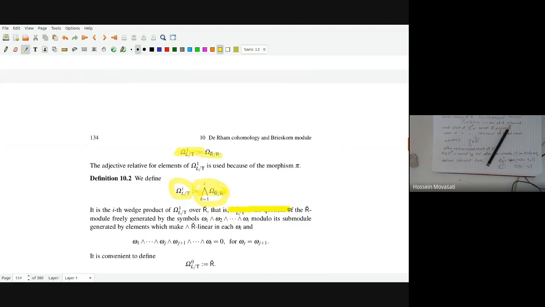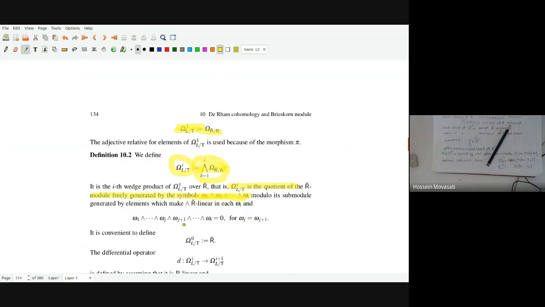This means that at the end, omega^i is the quotient of the Ř-module freely generated by the symbols. So these are also symbols for me. But I want the symbols to satisfy something, modulo its submodule. So what is the main property of the wedge product? The main property of the wedge product is that if two of these, let's say consecutive, guys are equal, then this must be 0 in my module.